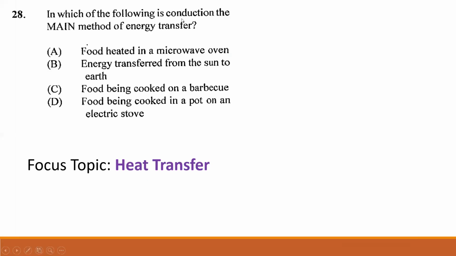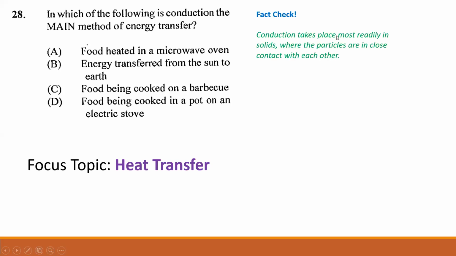28, in which of the following is conduction the main method of energy transfer? You know that conduction is the main way, or the only way, in which heat travels in a solid. In a microwave, the energy is not in contact directly with the food.